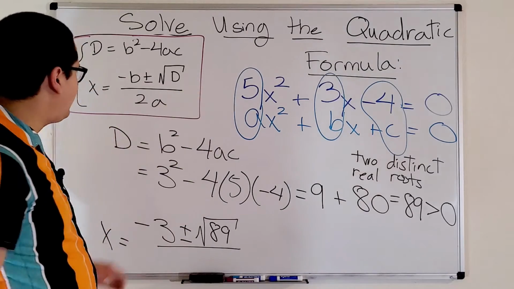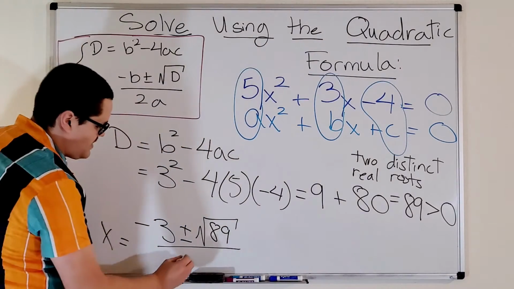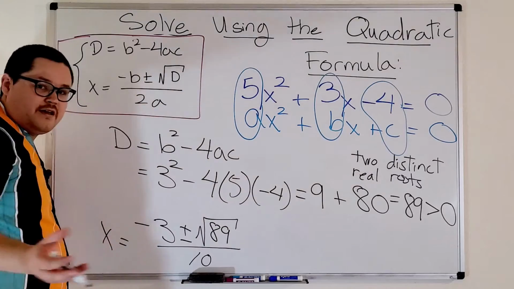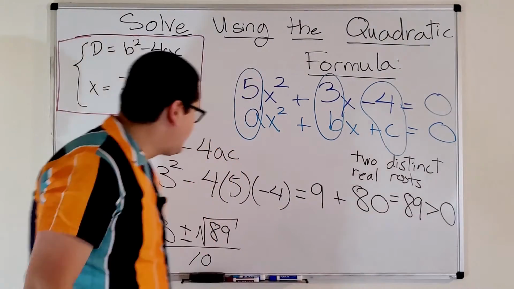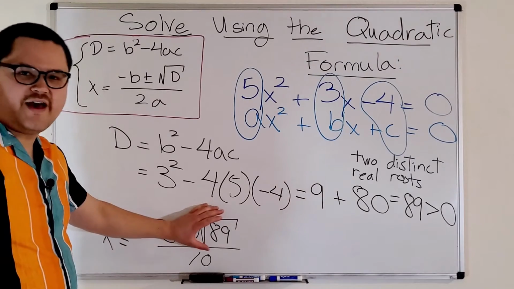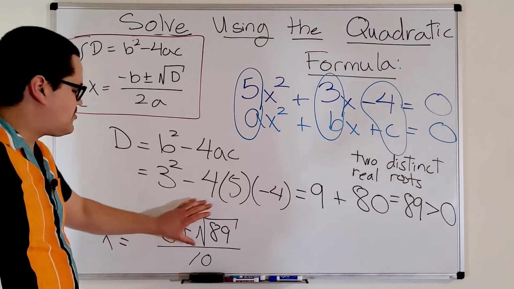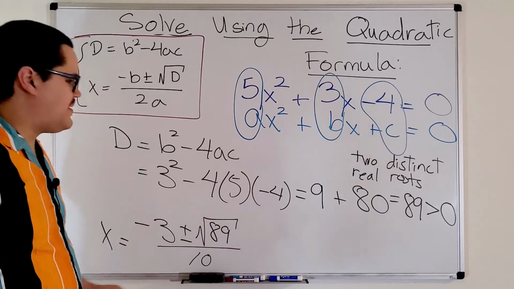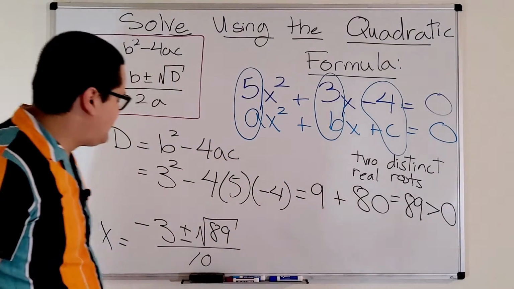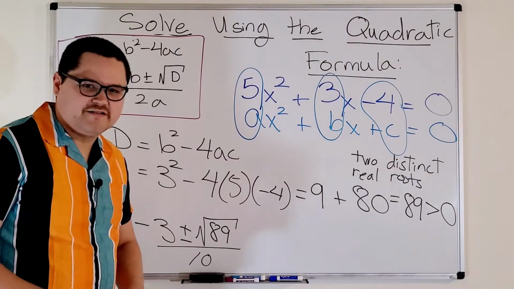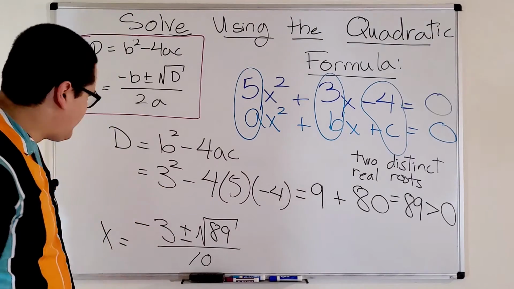So a is 5, 2 times a is 10. And that's it. So if 89 had any perfect square factors, we would extract them and simplify the square root. But as it happens, 89 is a prime number, so there are no non-trivial factors. So this is our final answer.